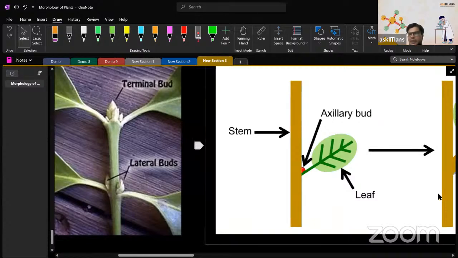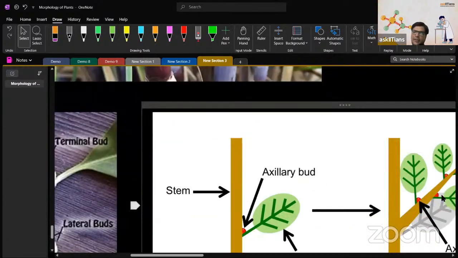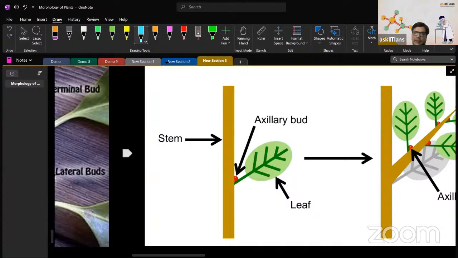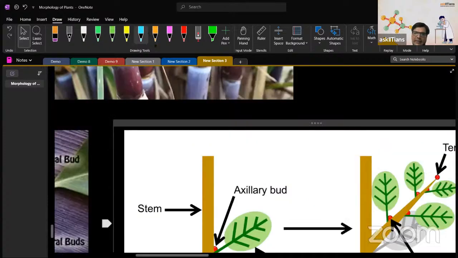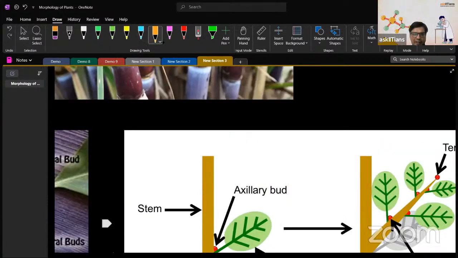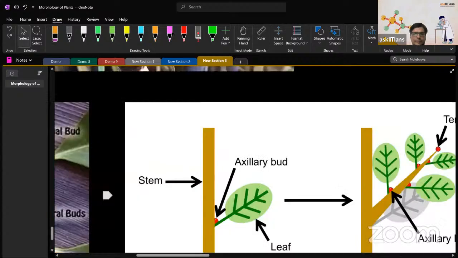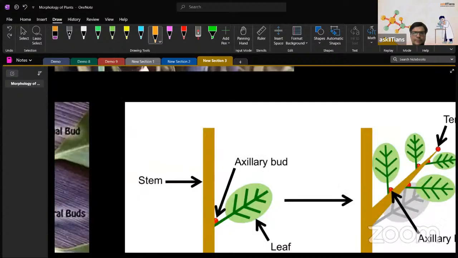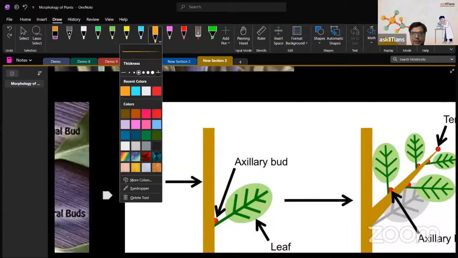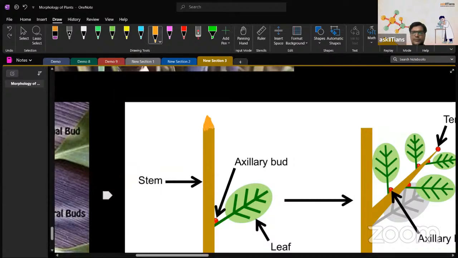This is a stem, right? Actually it is not a complete stem, so let's make the end of the stem pointy, slightly pointing maybe. Okay, and there let's make a bud right here as well.